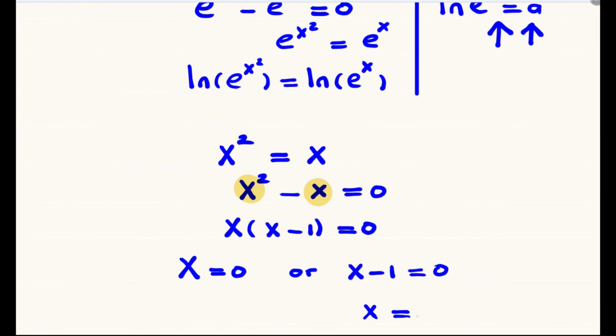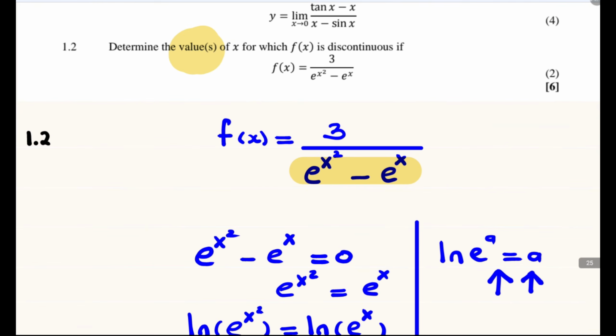And our x in this case will be equal to 1. So we have x is equal to 1 and x is equal to 0. This means that if we were to substitute x equals 1 or x equals 0 in the denominator, that denominator will be equal to 0, and division by 0 is not allowed, so our function will be discontinuous.